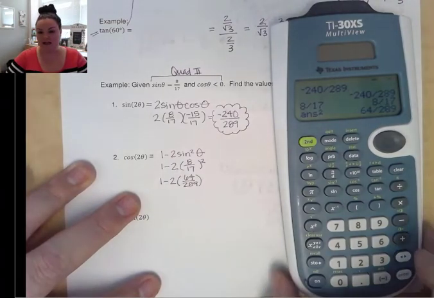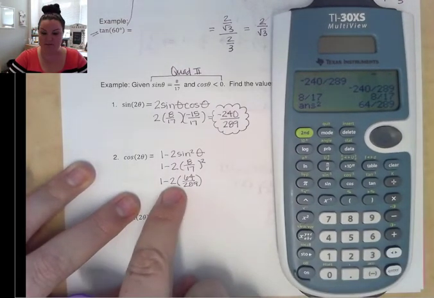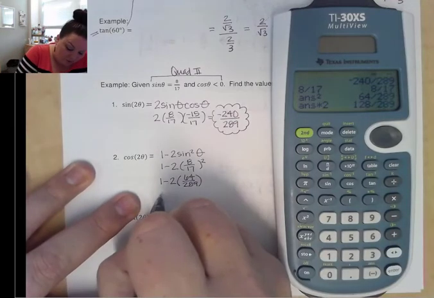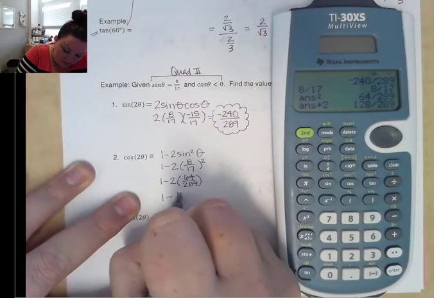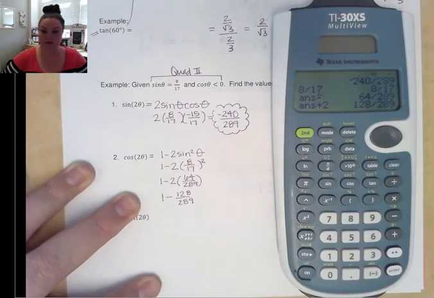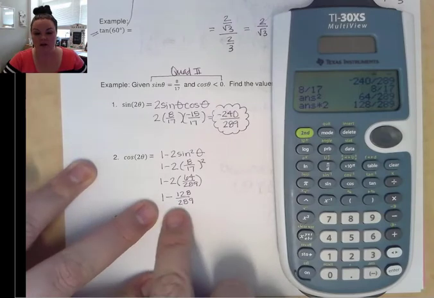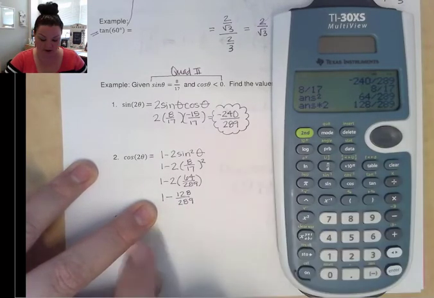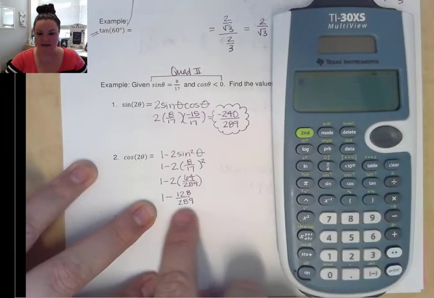Okay, and then again, I can keep doing it on my calculator. Now I need to go ahead and multiply it by 2. So times 2. So I have 1 minus 128 over 289. Okay. So if you want to do this in your calculator, you could go ahead and make this negative and then add 1 to it, but I'm going to go ahead and clear it and show you how to type it in like this.